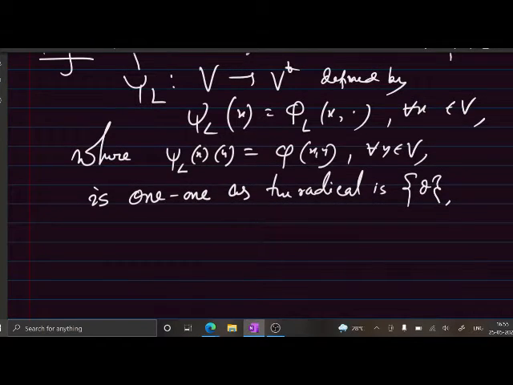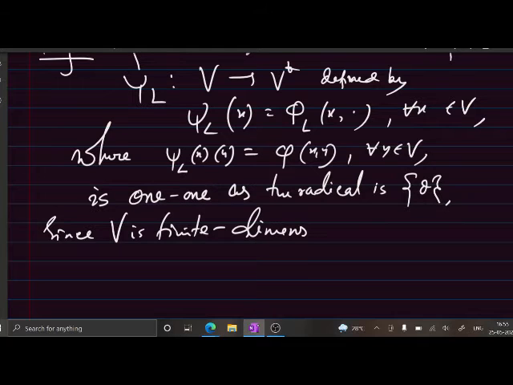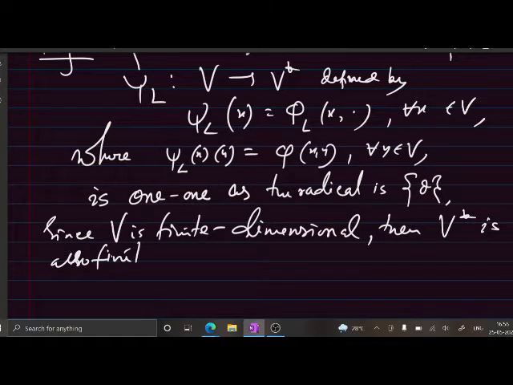Now, since V is finite dimensional, you can prove that its dual V star is also finite dimensional.